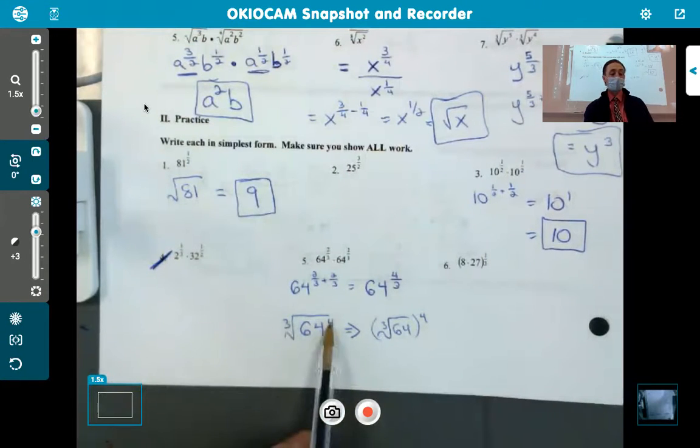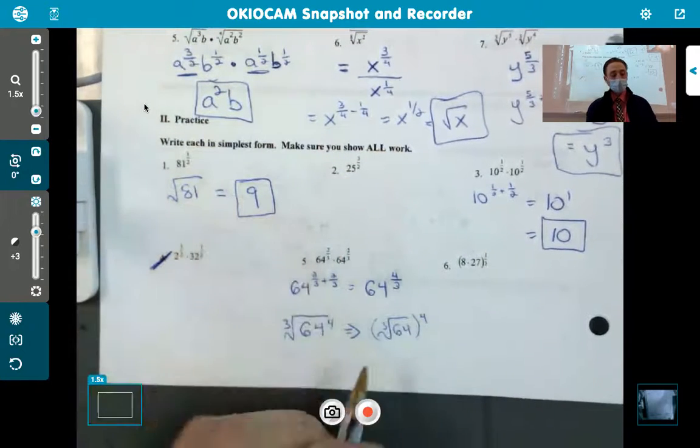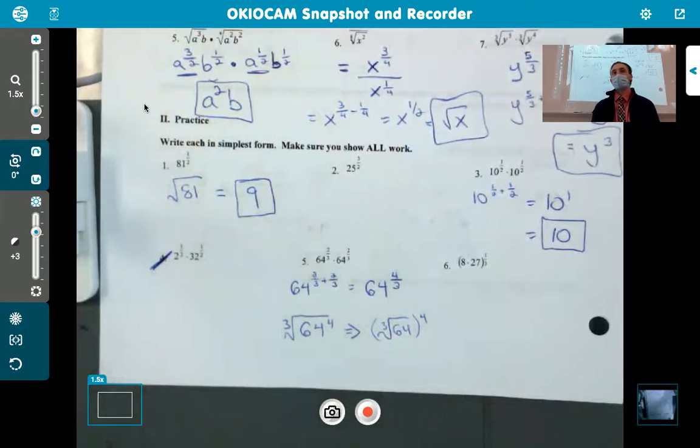Okay, so whether I do the 4th or raise it to the 4th power inside my root or outside, it's going to give me the same answer. Does anybody know what the cubed root of 64 is? You can think as you're copying things down here. 4, right? What number multiplied by itself 3 times is going to give me 64?